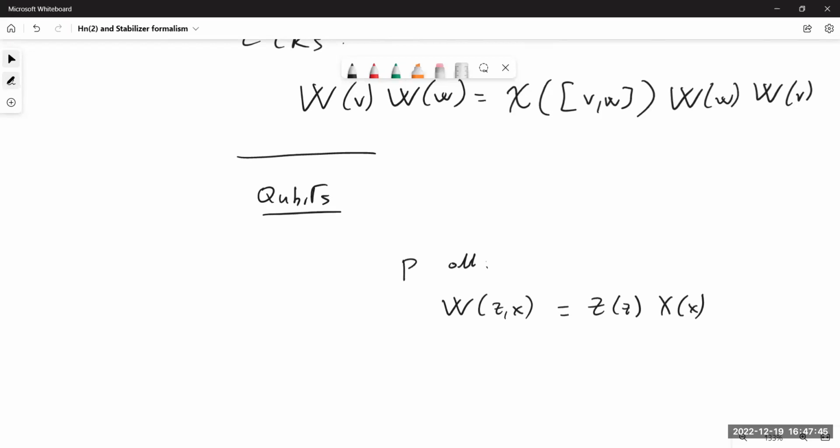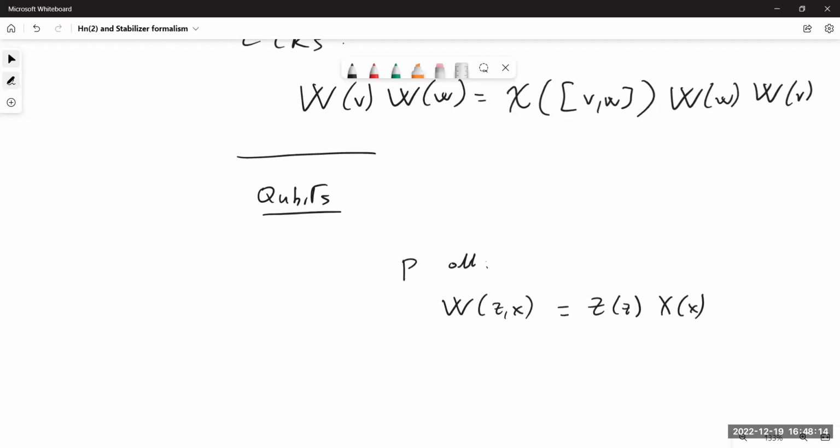In principle we can do this also for qubits, but the problem is that we cannot reconstruct all the Pauli operators, because this representation, when restricted to p equals 2, gives us only the real part of the Heisenberg group.